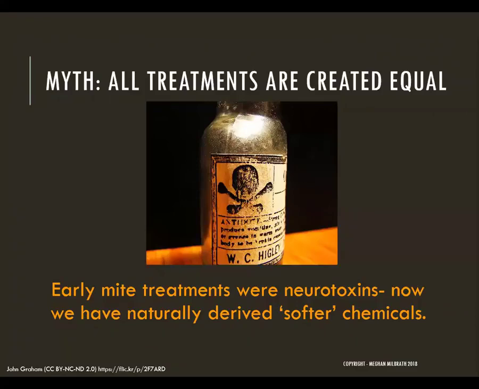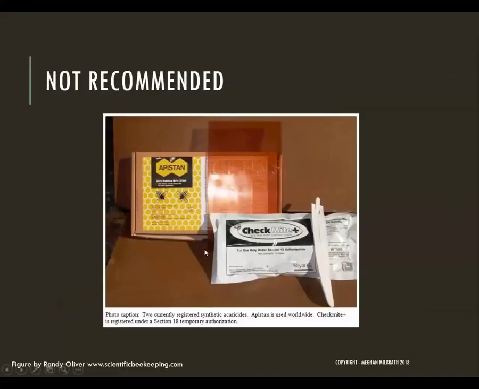And so I'm going to focus mainly on those, and I'm going to talk about some of the other ones as well. So I'm not going to recommend anymore that people use fluvalinate and coumaphos. Even though they're still registered, we see tons of resistance to those, and we also see tons of it built up in the wax around the country. So those I'm not going to recommend.